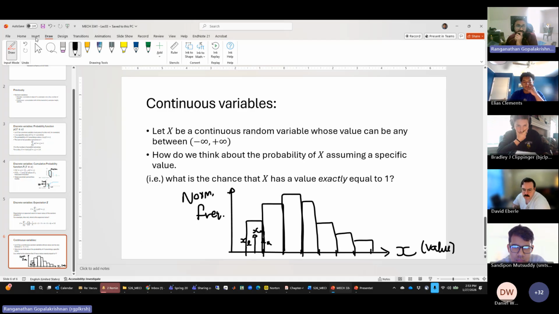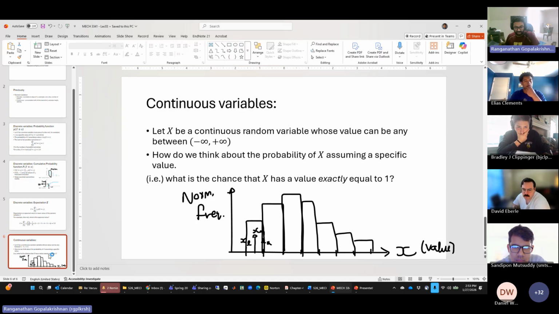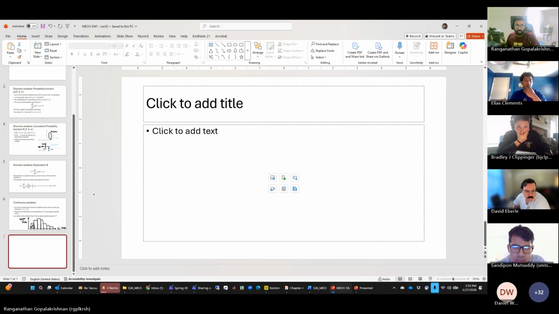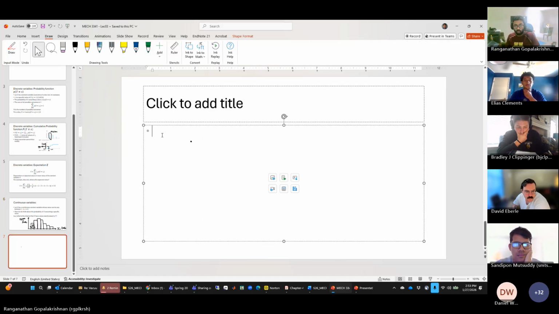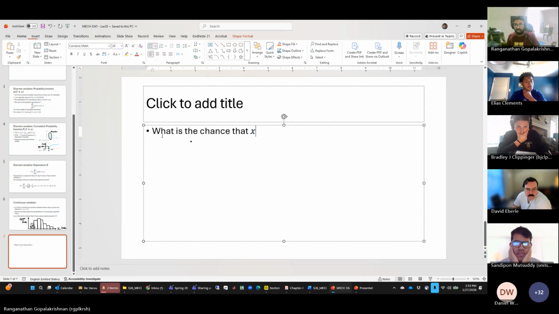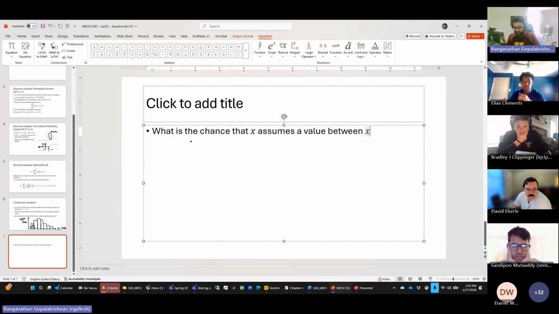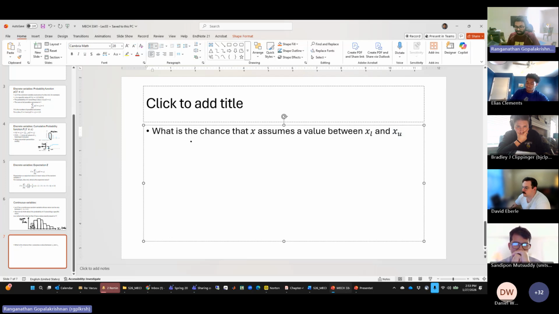So let me ask this question. I'll pose a question and then try to answer it. What is the chance that X assumes a value between X lower and X upper?